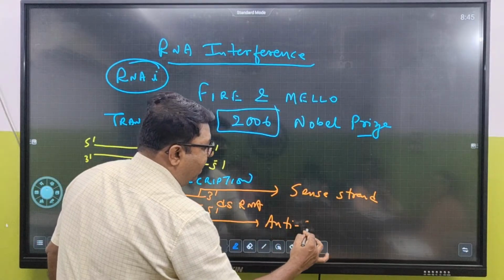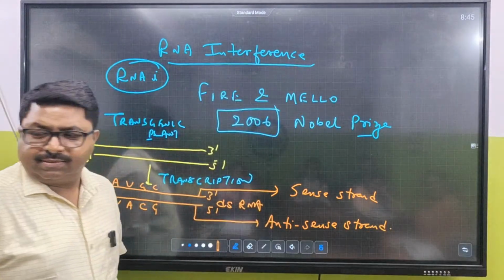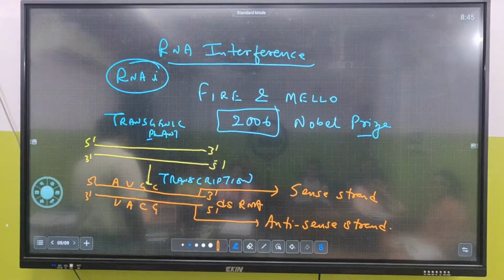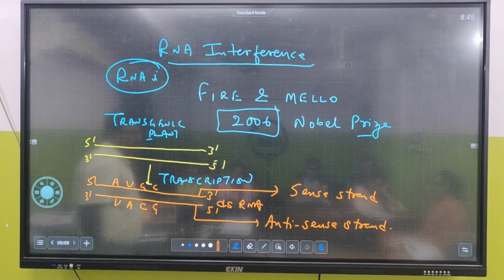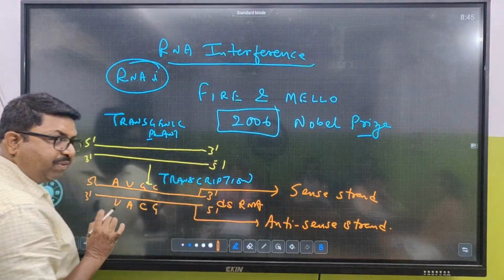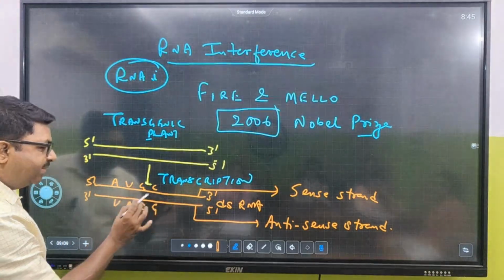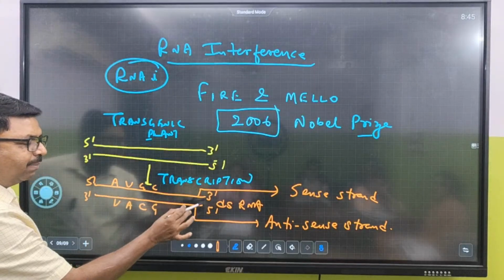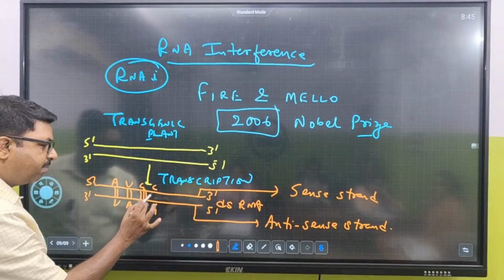Don't make it nonsense, it is antisense. One is sense and the other is the antisense strand. So how many strands are there in this RNA? Double strand RNA. Fine.